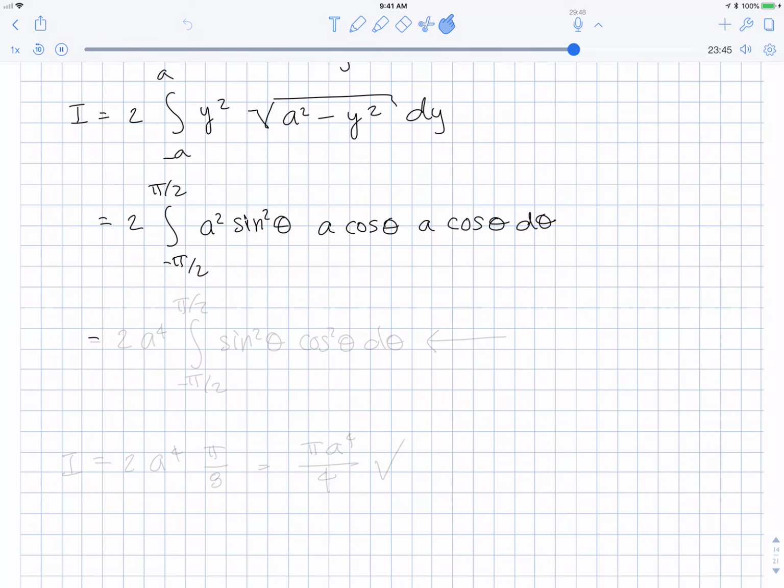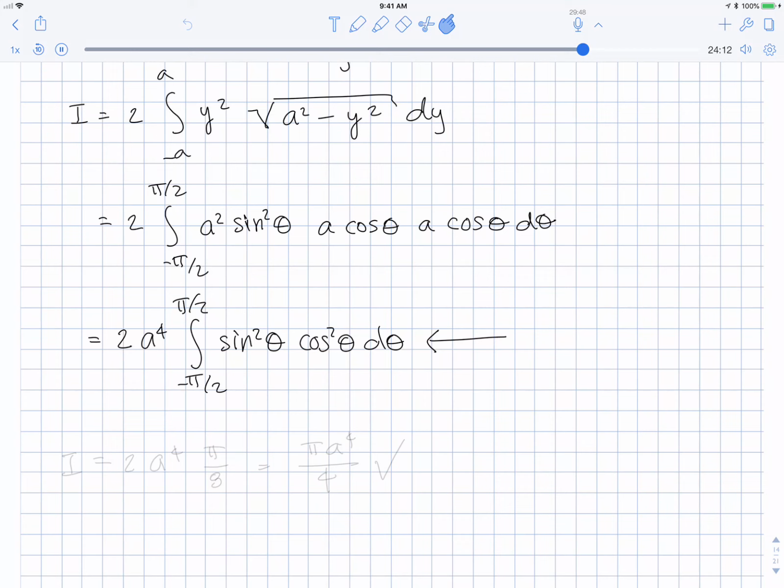And so this will all equal 2a to the fourth integral from minus pi over 2 to pi over 2 of sine squared theta cos squared theta d theta, which we can do by integrating by parts, but I'm hoping that at least this integral will be free on Wolfram Alpha.